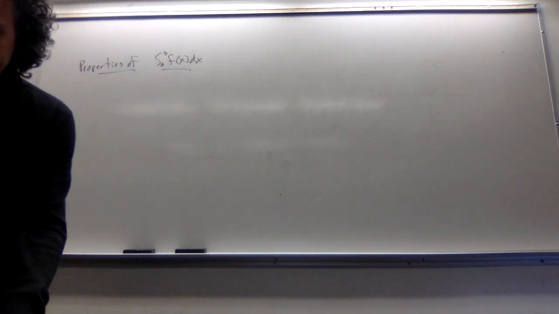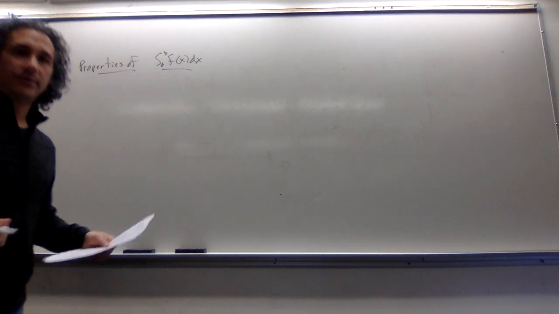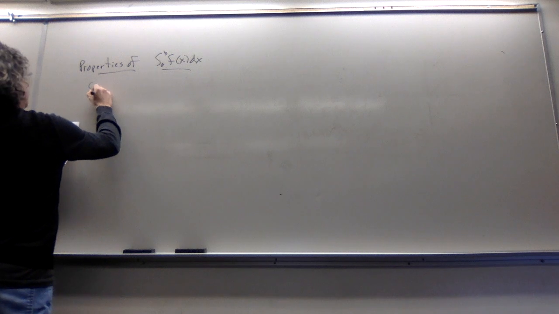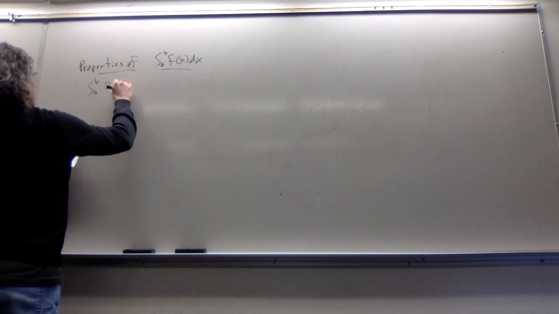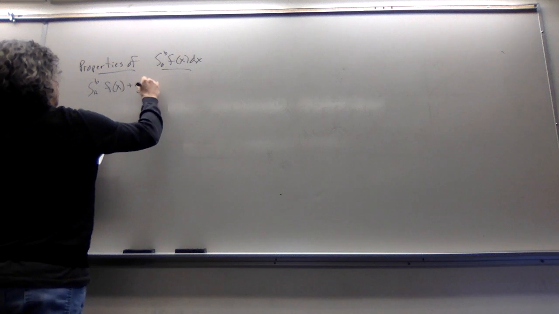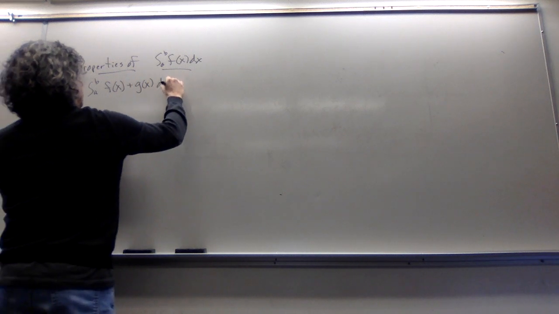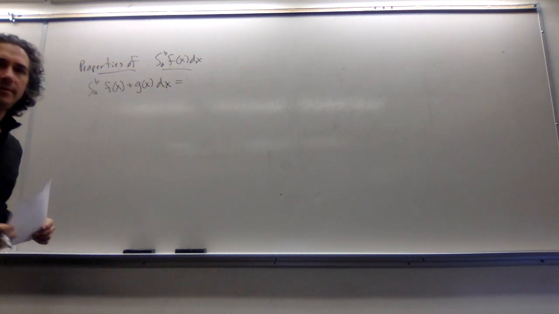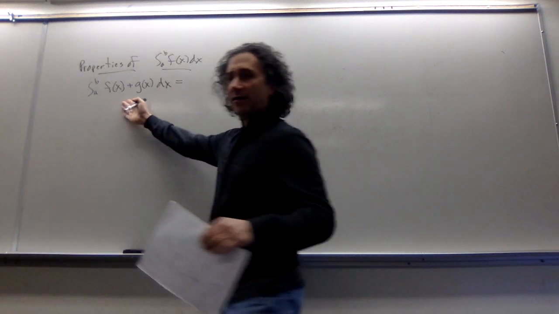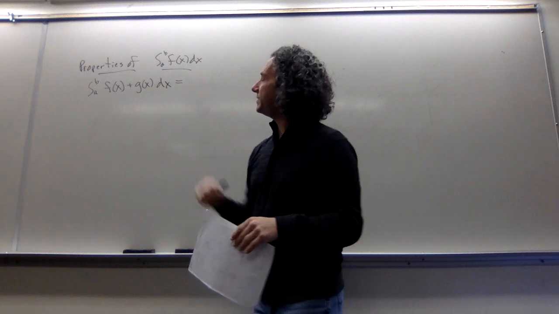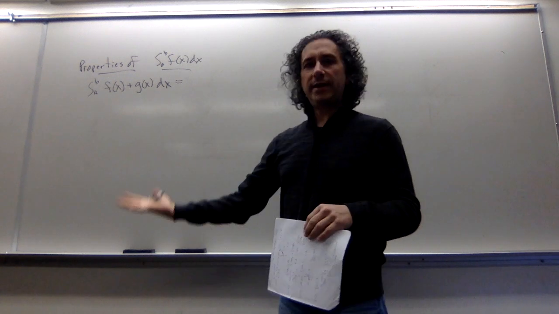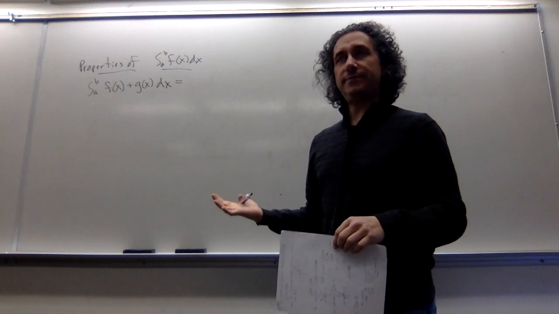All right, as yet another property of integrals, the integral from A to B of f of x plus g of x dx equals, well, let's see, we're taking the integral of a sum here. And integrals are going in the opposite direction of derivatives.